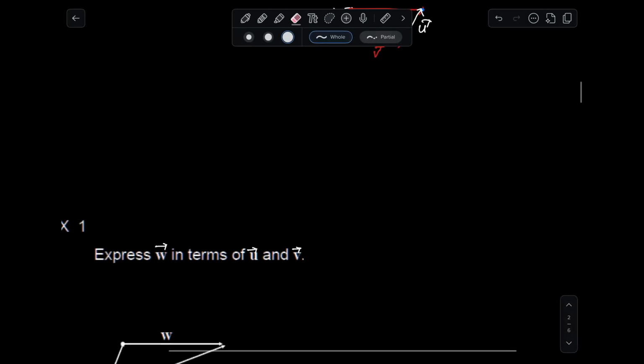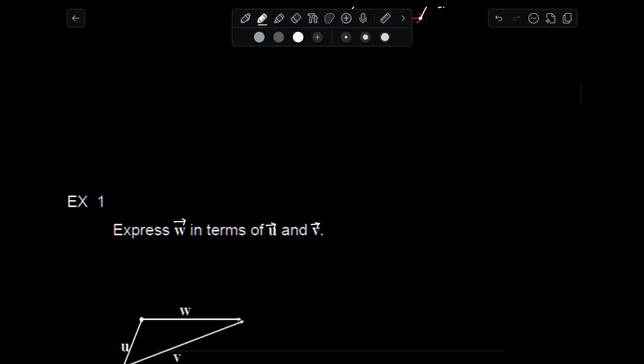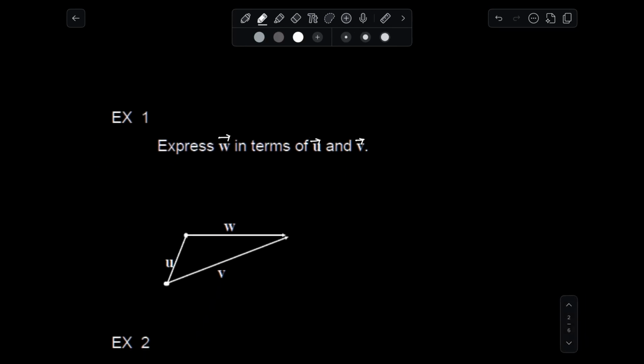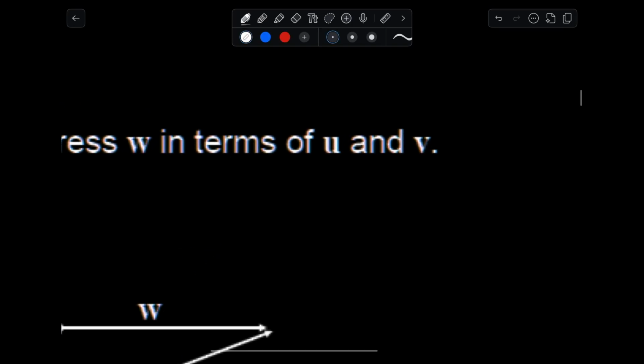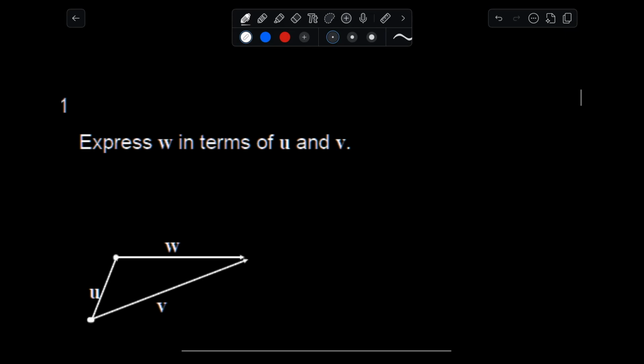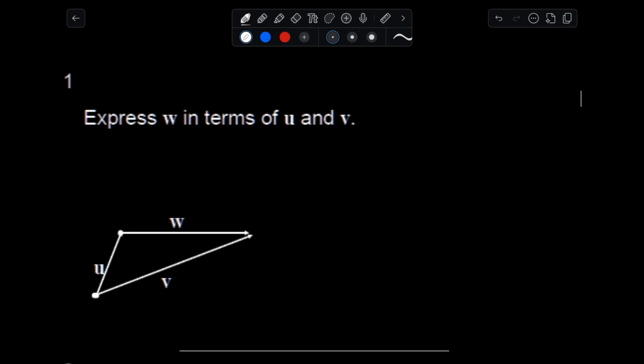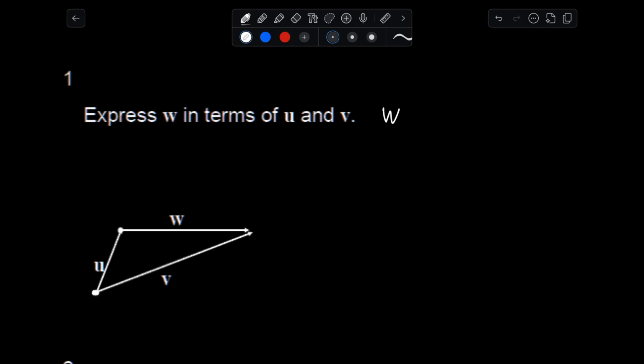So for example 1, we want to express w in terms of u and v. And one thing I'd like to mention before working on this is that when we're doing these problems, oftentimes you're going to be seeing this in bold. I know it doesn't show well on my screen, but in math textbooks they're going to write it like w in bold, which in essence just means w like this.